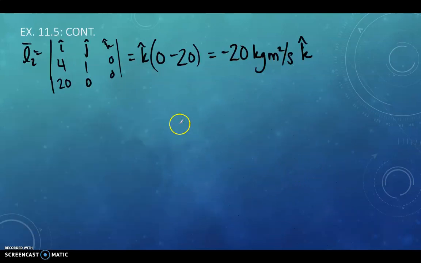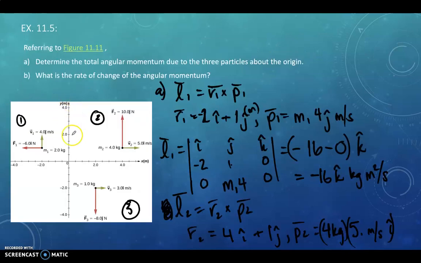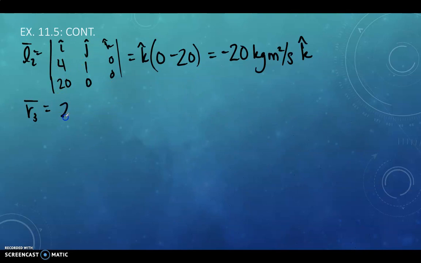All right. So then we have L3. So let's write down R3. This is in the negative direction here in the y. So we have positive 2 and negative 2. So we have 2 i hat minus 2 j hat.